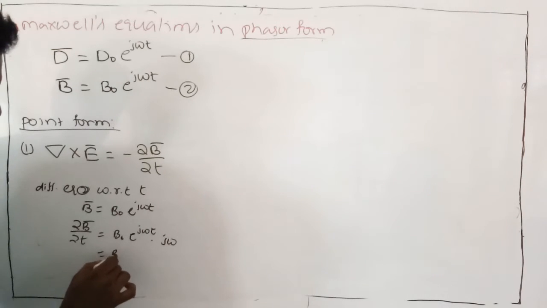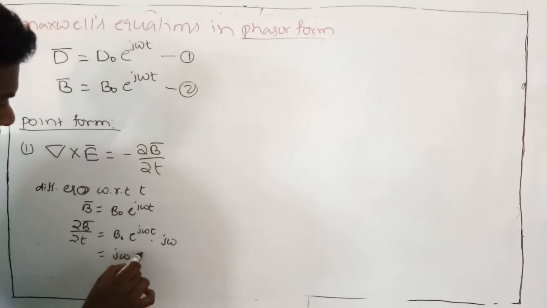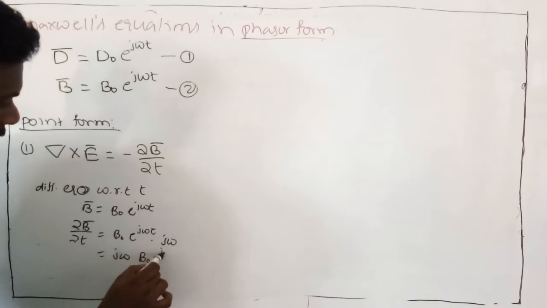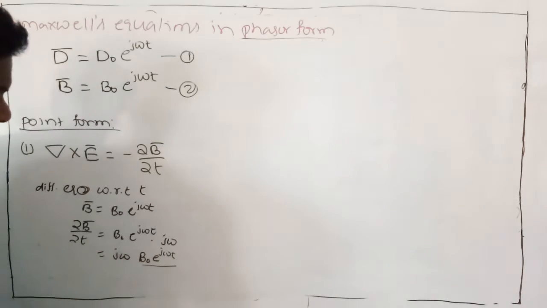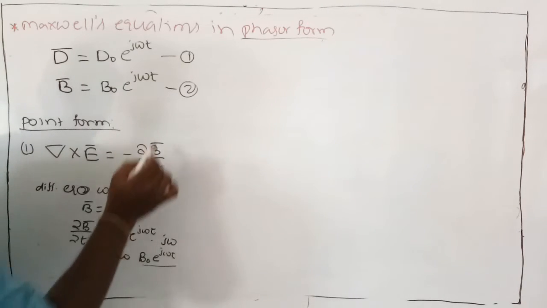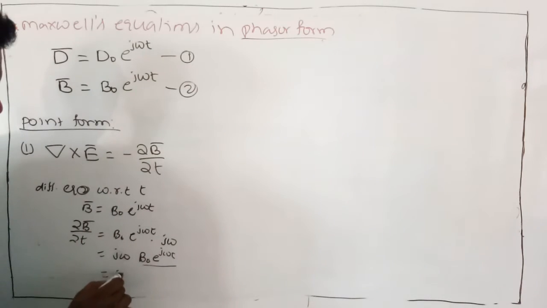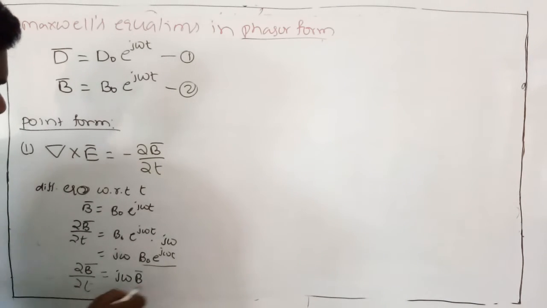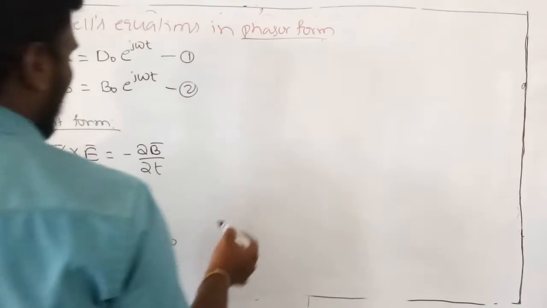So just represent like this. j omega is the constant and B naught e power j omega t. This B naught into e power j omega t is from equation 2. What is this? B bar. So dou B bar by dou t can be written as j omega B bar.